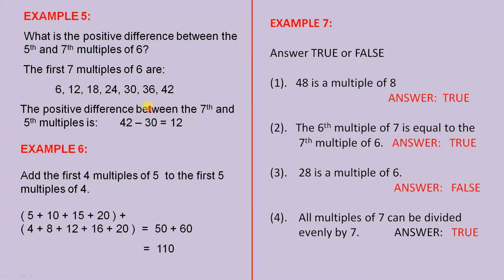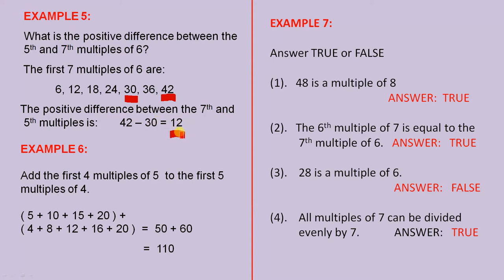Now the positive difference between the 7th and 5th multiples, there's the 7th multiple, there is the 5th multiple. Positive difference. Now difference means take away. So 42 minus 30 is 12. Now we want the positive difference, so we take the large number, which is 42, and we take away the smaller number, and that gives us 12.